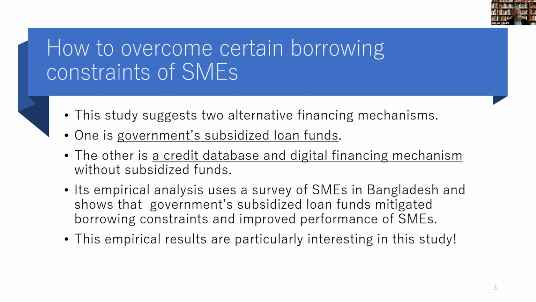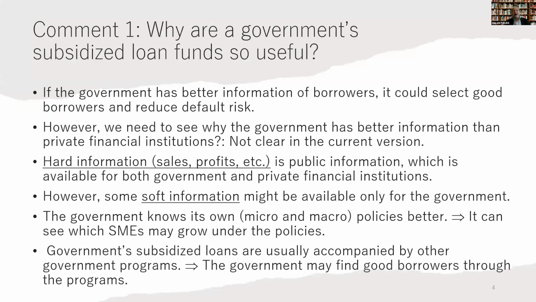I think the empirical analysis was very interesting. It uses a survey of SMEs in Bangladesh, and it shows the government subsidized loan fund mitigated the borrowing constraint and improved the performance of SMEs in Bangladesh. The results are very interesting and worthwhile to be noted, and they have a lot of policy implications. I have basically three comments.